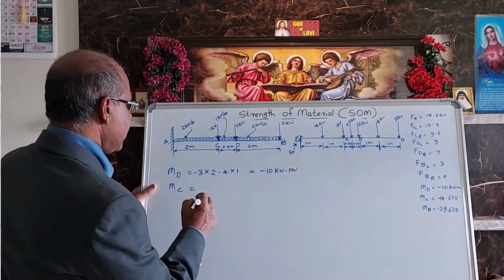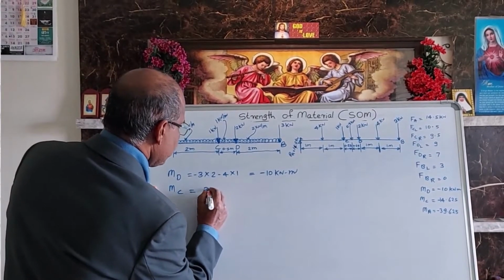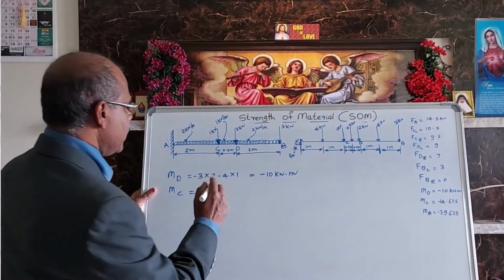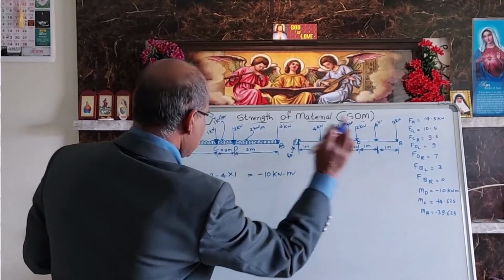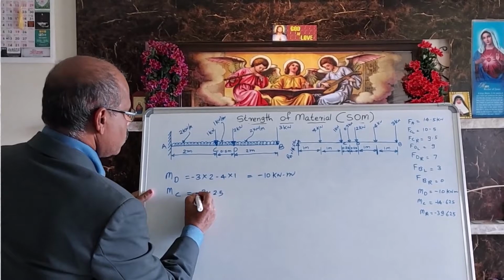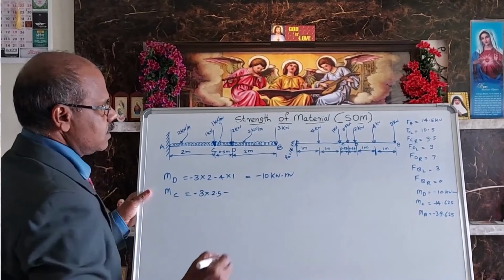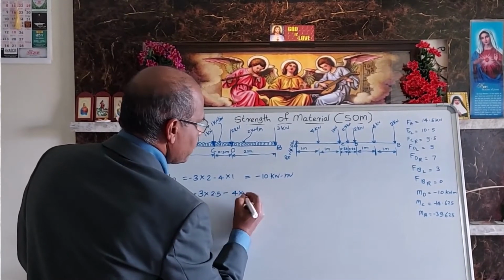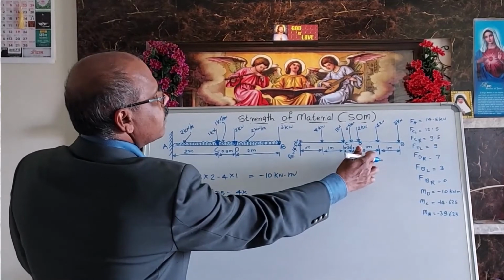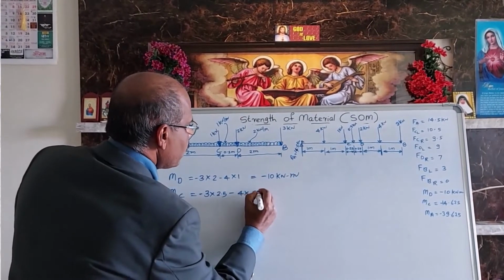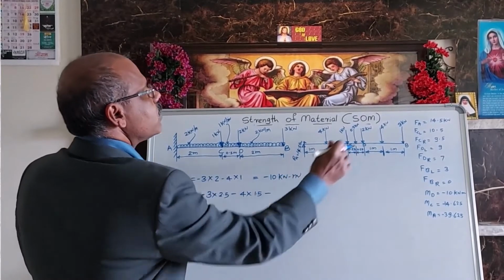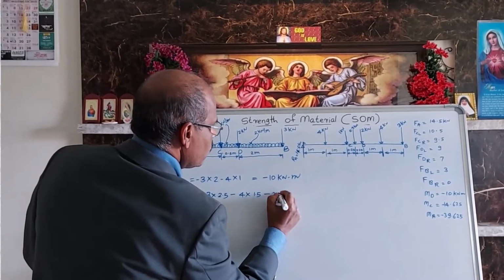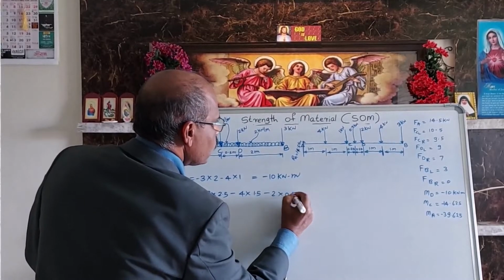At C we are having 3 kilonewton at B, that 3 kilonewton multiplied by 2.5, 2.5 plus 2, 2.5. So this will be minus 4 multiplied by 1.5. Minus, we are having 2 kilonewton here, 2 multiplied by 0.5.